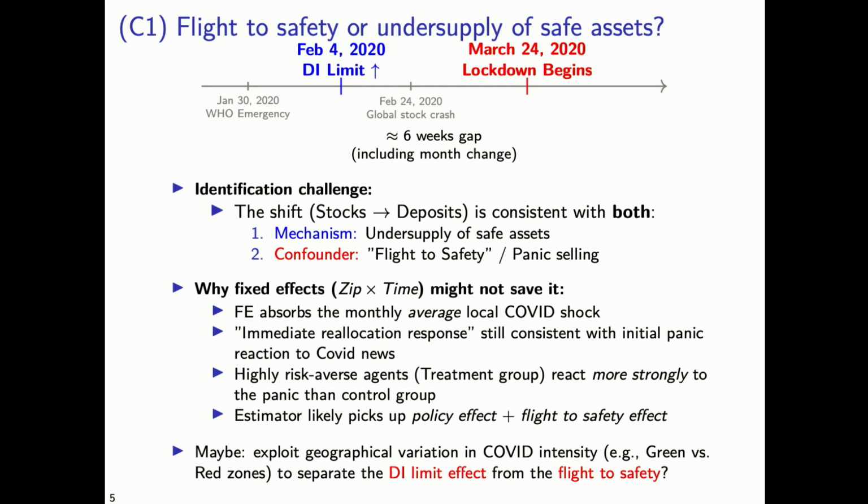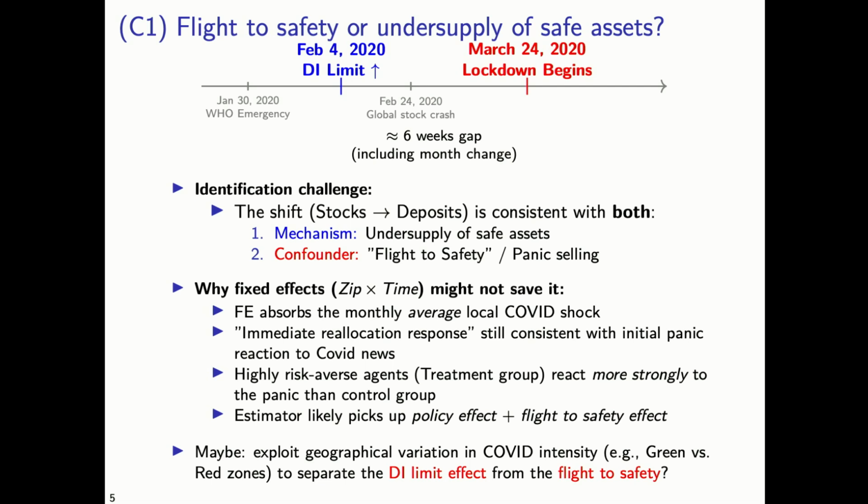So if I'm a risk-averse buncher, because I'm already declaring I care about risk, that's why I'm bunching below the deposit insurance limit, I might also be concerned by the news I see about the global stock market, what's happening with COVID. I might want to rush immediately to liquidate my stock portfolio, panic selling, and that shows up as an increase in deposits. This is all consistent with empirical results.